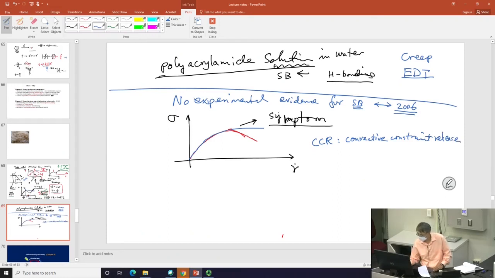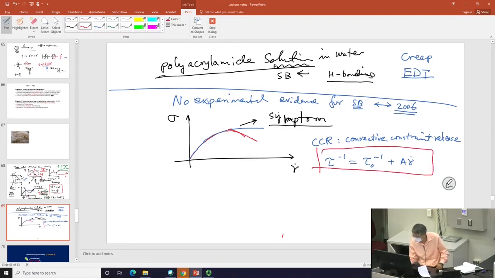Basically it says your relaxation time, or the rate of relaxation, is going to accelerate with the shear rate that you applied. I know I plotted it as 1 over tau. So it's indicated that actually the tau is decreasing. Tau decreasing means 1 over tau is increasing, yeah?